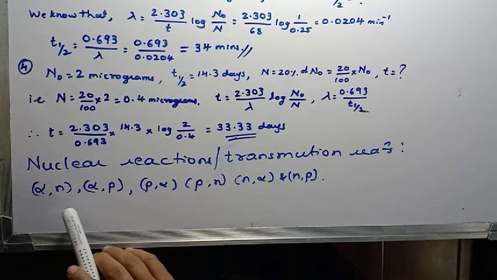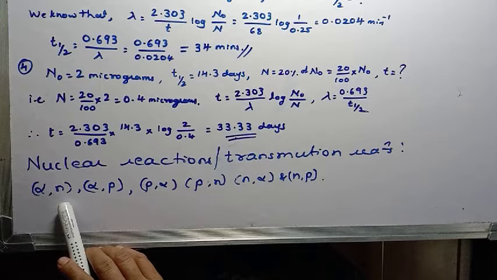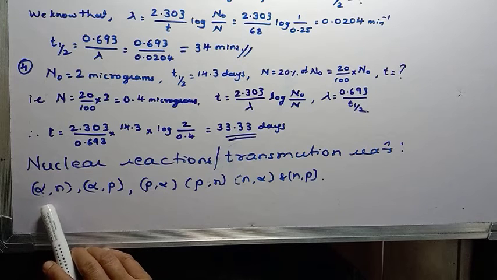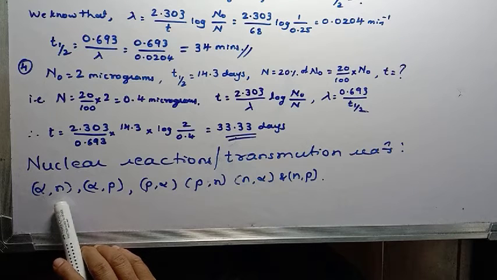Okay. So for example, in case of alpha neutron, when a heavy nucleus is made to react with alpha, when the heavy nucleus is bombarded with alpha, a new element will be formed with the liberation of neutron.